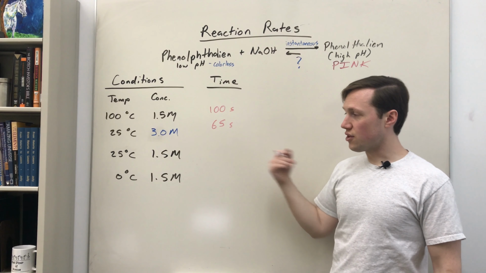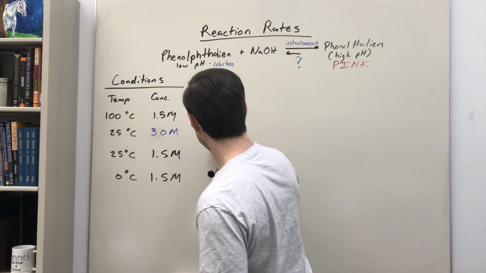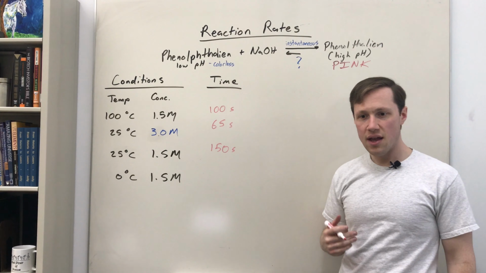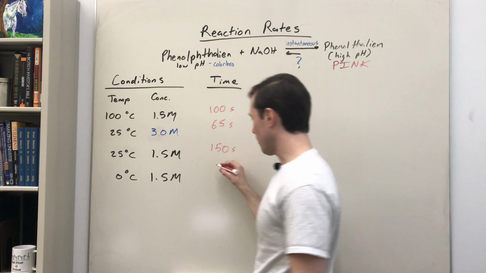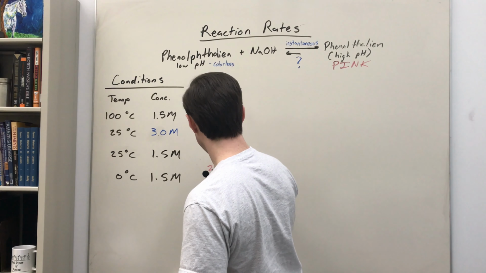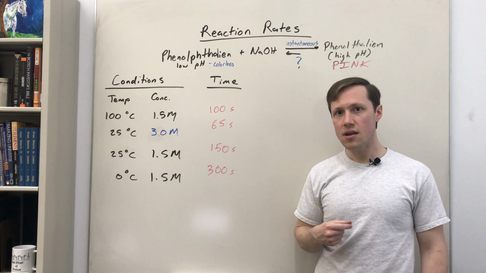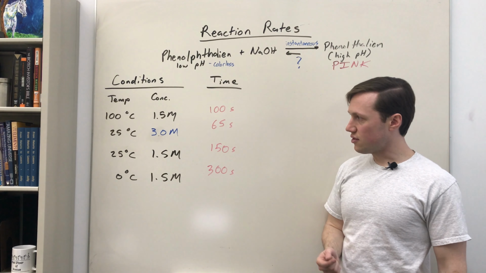Our 25 degrees C and 1.5 molar solution was observed to recover in about 150 seconds. And last but not least, this cold example was observed to recover in about 300 seconds. What trends do you observe in this set of data?